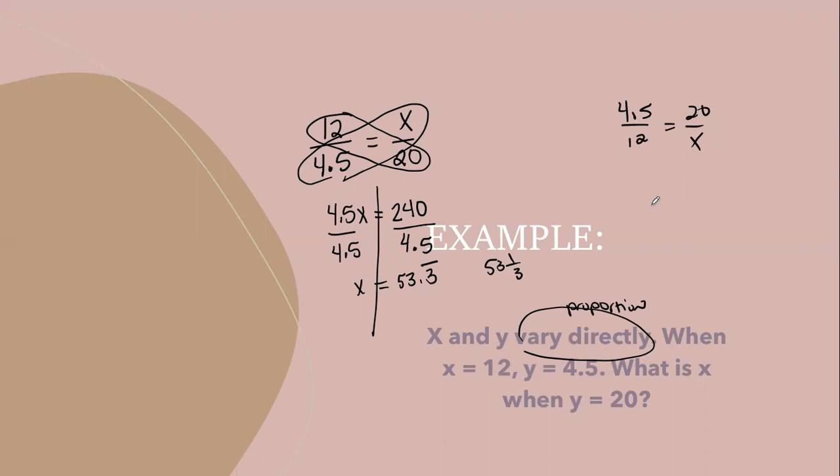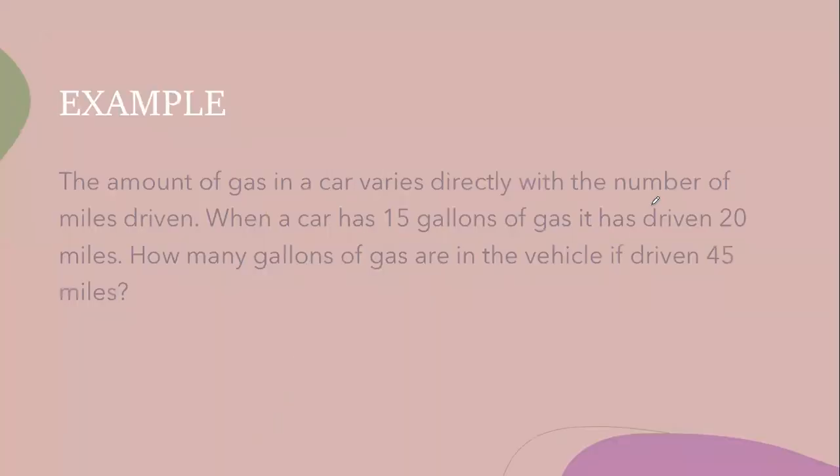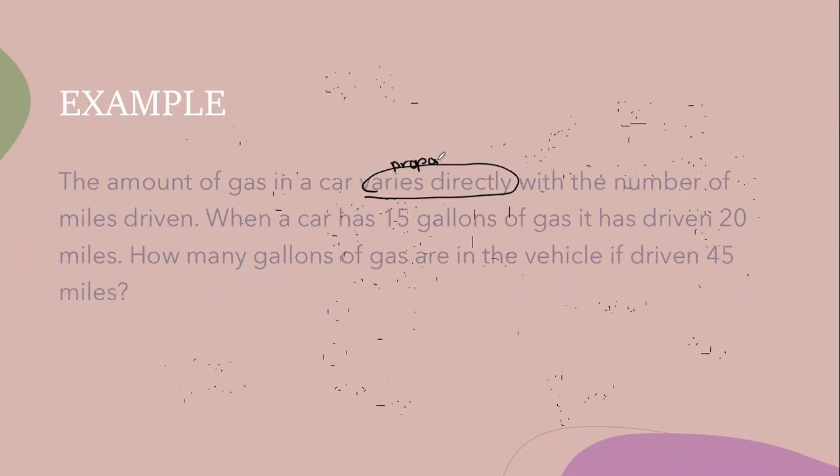Okay, one last example, and you're going to write your answer in the chat, and then we're done. The amount of gas in a car varies directly, that's proportional, with the number of miles driven. When a car has 15 gallons of gas, it has driven 20 miles.